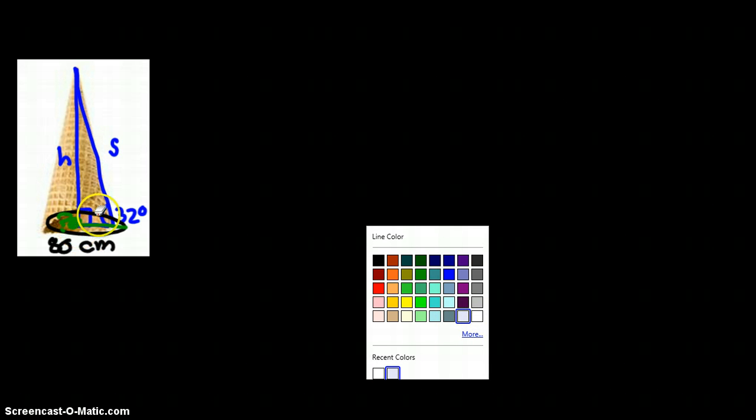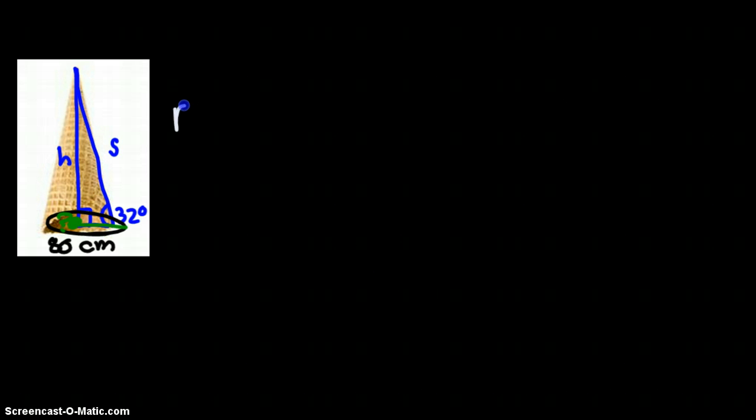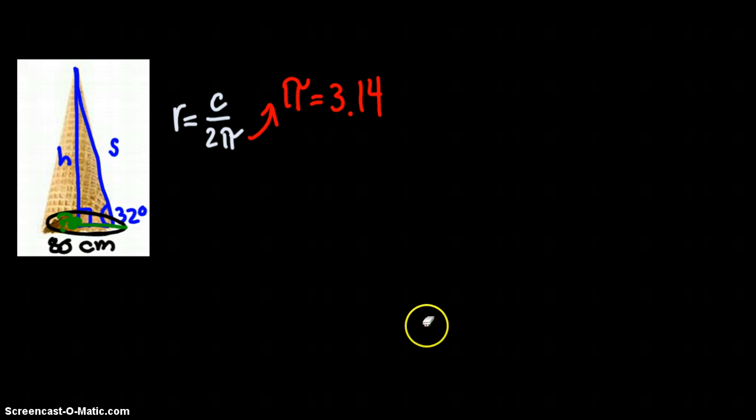To find this, we would do radius is equal to the circumference over 2 times pi. And for anyone who is unfamiliar with pi, pi is a symbol that equals an infinite number of decimals, 3.14. Obviously it continues on and on, but you do not have to write all of those. So let's continue.